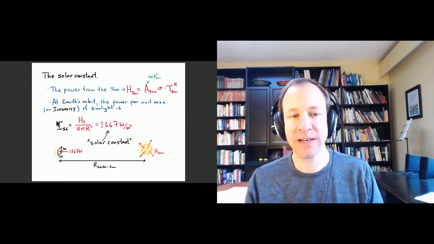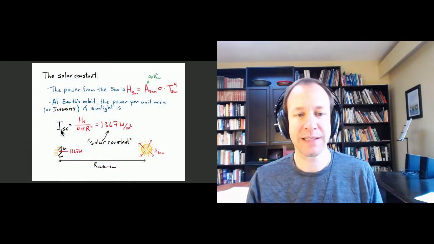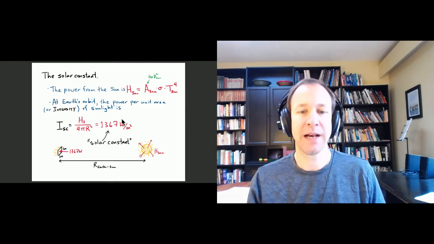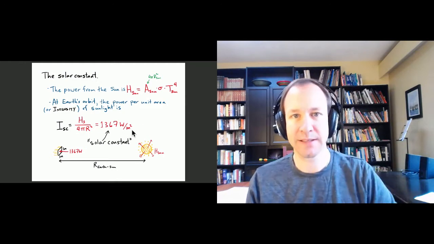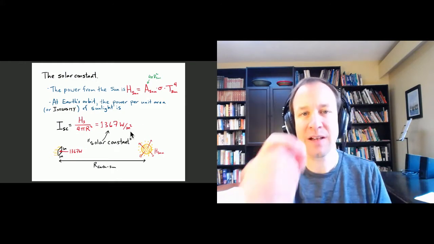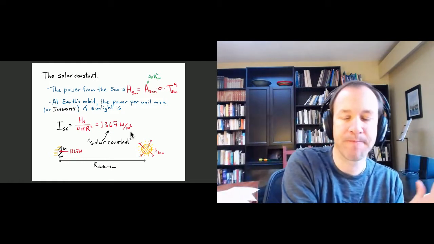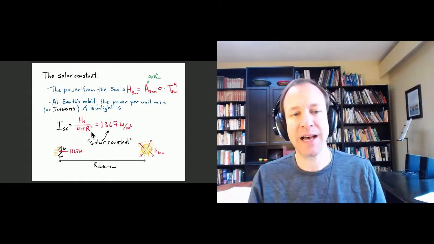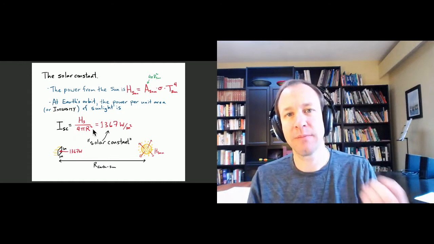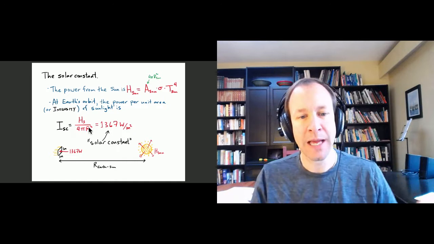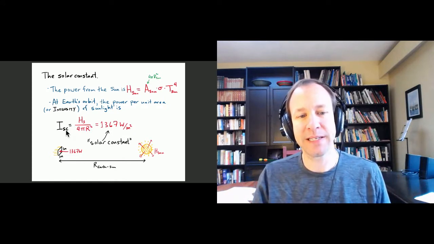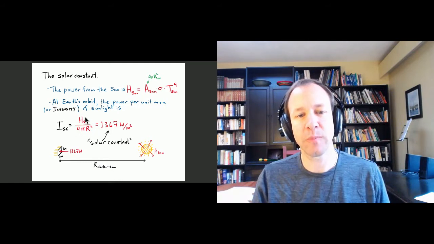It's very convenient just to be using this value, the solar constant, and you could just use that as a starting point in many situations, as long as you're talking about intensity at the distance to the Earth. Next class will emphasize a lot that if you happen to be interested in Mars or Jupiter or Neptune, then you're going to have a different intensity because this 1 over r squared appears in the formula relating the intensity to the total power of the sun.